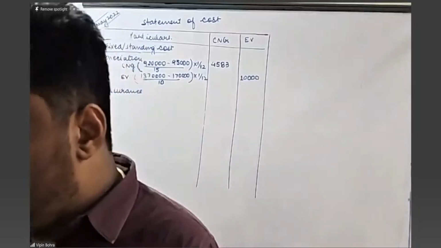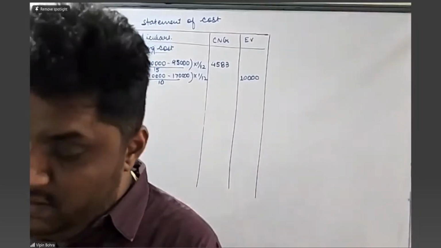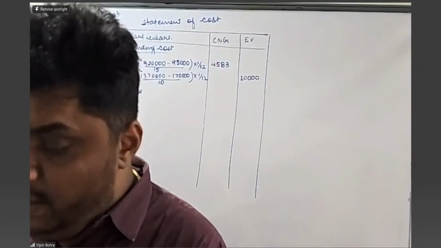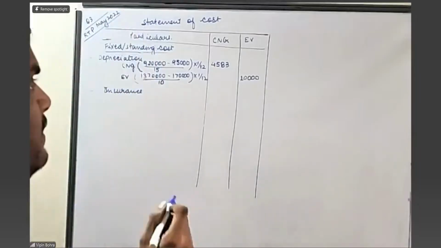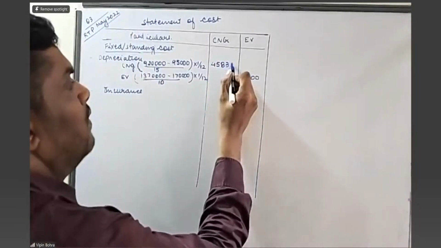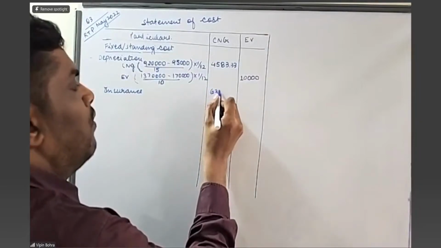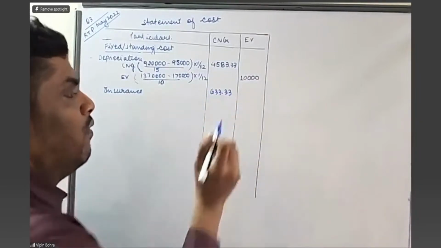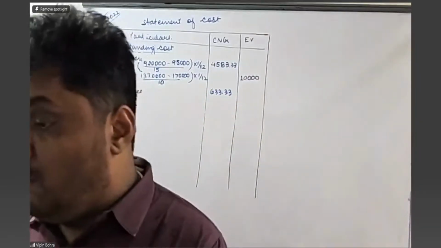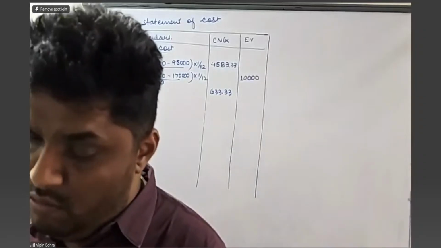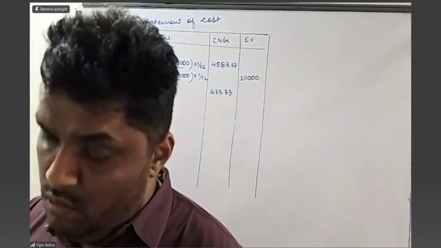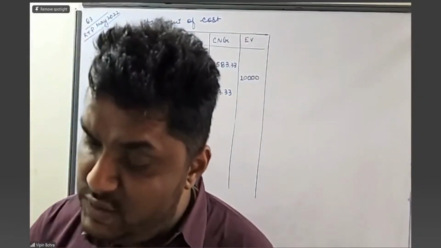So insurance cost is 7,600 divided by 12. So it is 633.33. It is 1216.67.